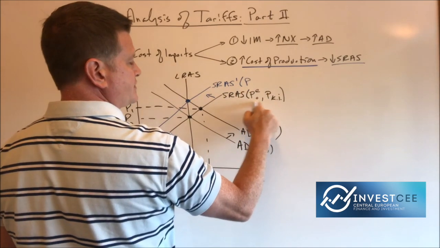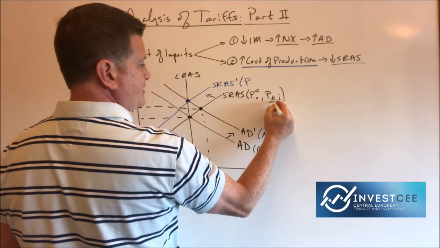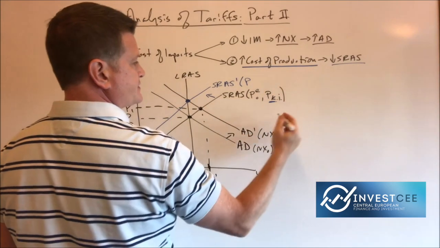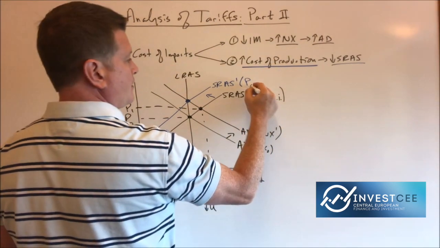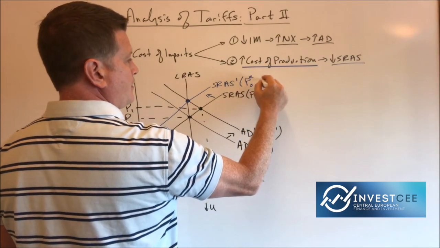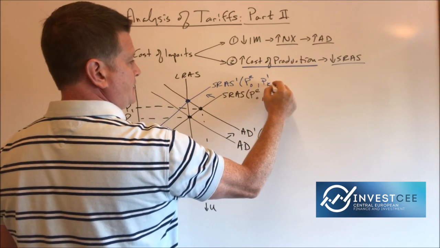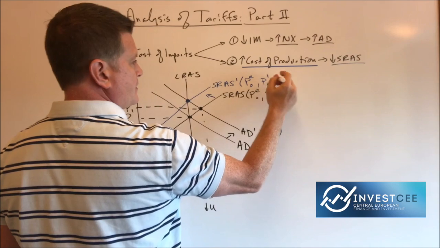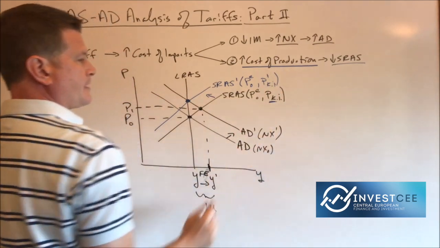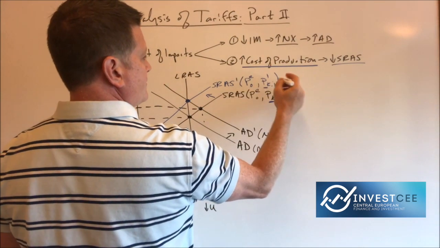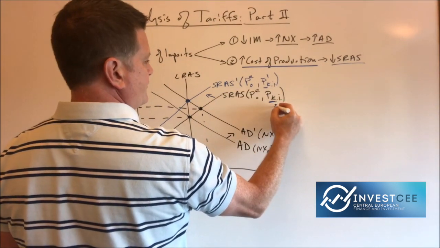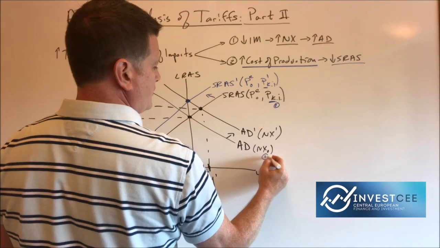What's changed between these two? It's this key input price that we've raised. So this has not changed. But the key input price has gone up. So this is the factor 2 that's being driven, and this was factor 1.